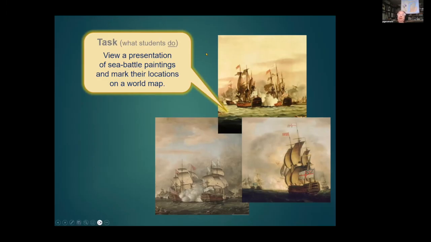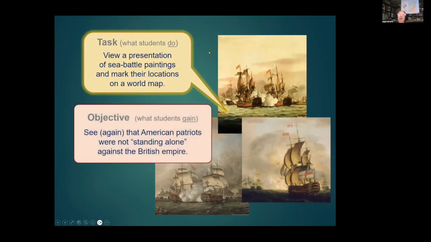And if you mark those locations on the world map, you find out one more time that the American patriots were not standing alone against the British Empire, that Britain had 63 large battleships, what they called ships of the line. They had 63 of them.